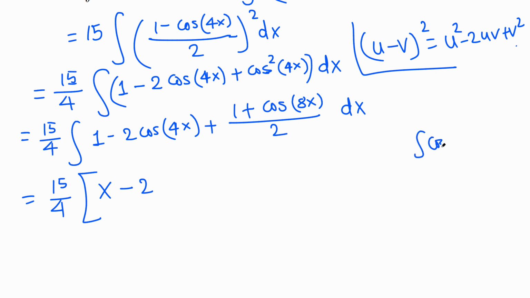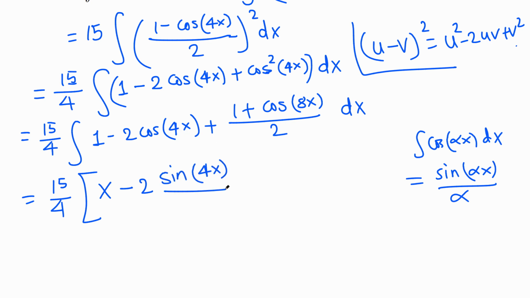We know that when we have cosine alpha x, the antiderivative is sine alpha x, but there is an alpha, a number, so we need to divide by that number. It's a small u substitution. So this one is now sine 4x divided by 4.